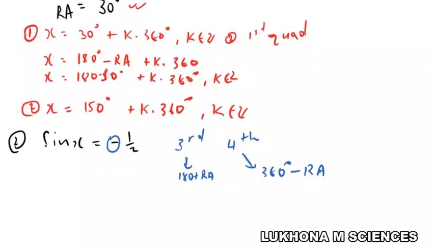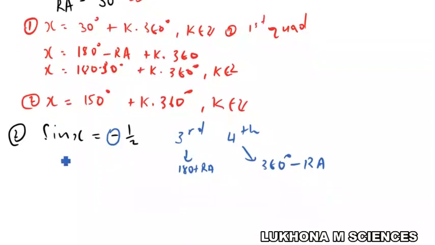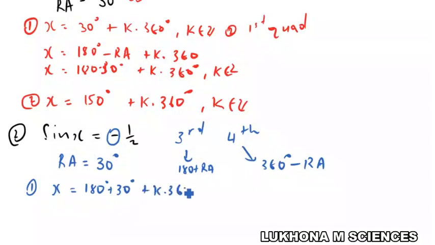Now the reference angle is already calculated in the above example, which is equal to 30 degrees. Therefore, solution number 1 will be on the third quadrant, where x is equal to 180 degrees plus 30 degrees plus k times 360 degrees.